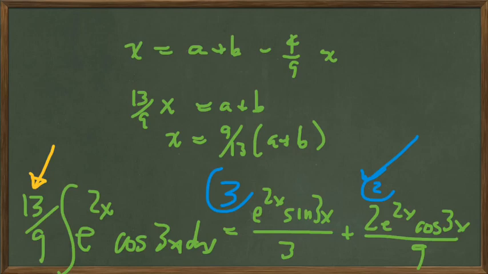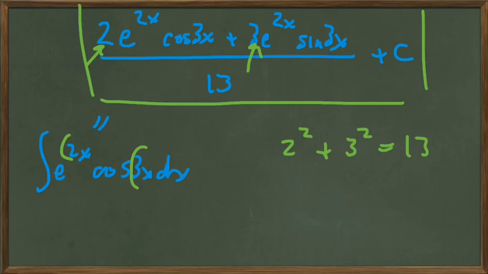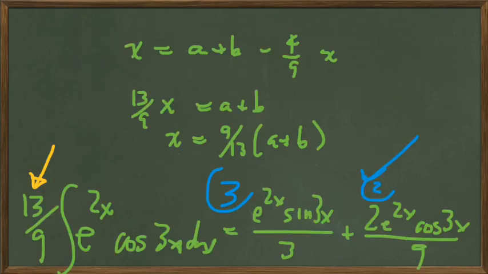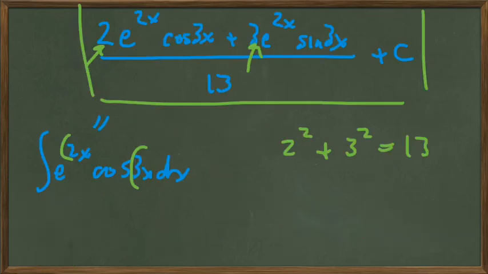That new coefficient is actually going to be the sum of the squares of those, and we can resolve this integral by then dividing through by this coefficient right here to find our result.